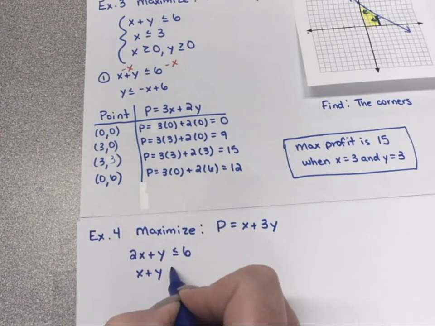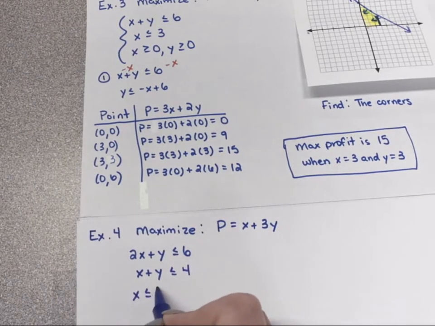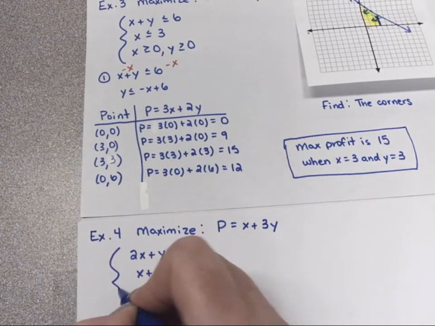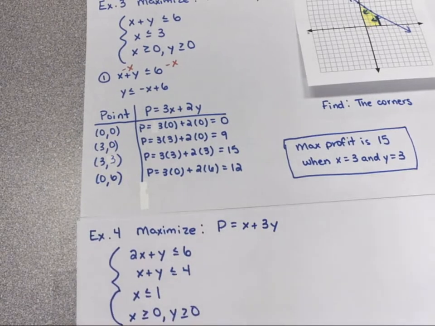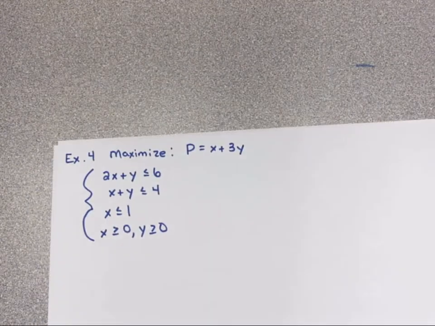X plus y must be less than or equal to 4. X must be less than or equal to 1. And x and y both have to be positive. If we're talking about profit, x and y are always going to have to be positive, right? Because we can't sell or make a negative number of anything.